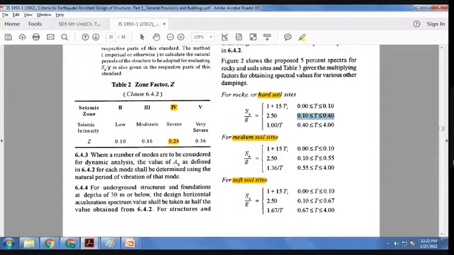It lies between 0.1 and 0.4. The value 0.257 lies in this condition, T between 0.1 and 0.4, so Sa by g we will directly take as 2.5.